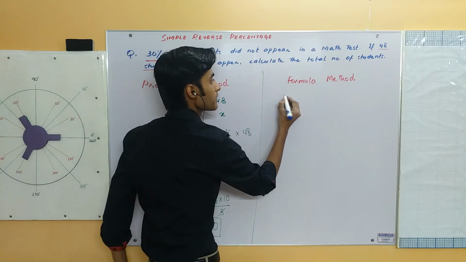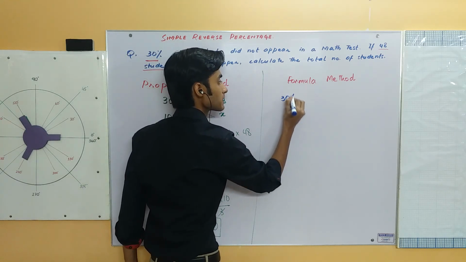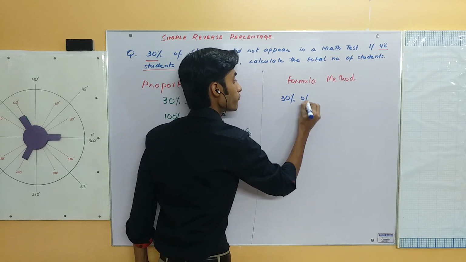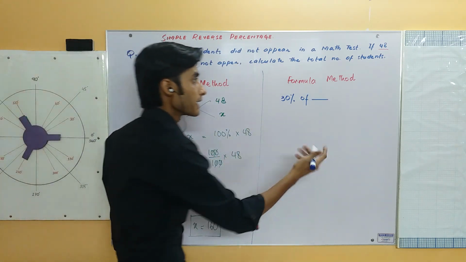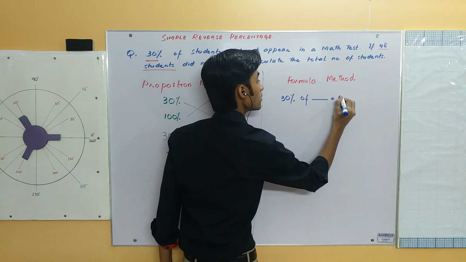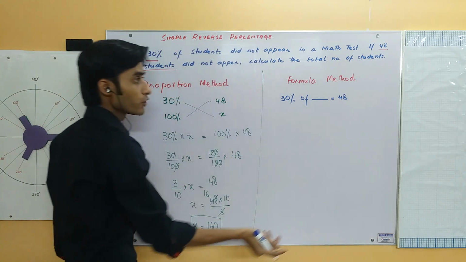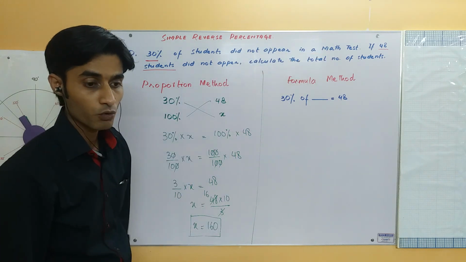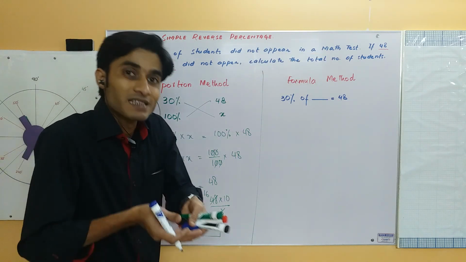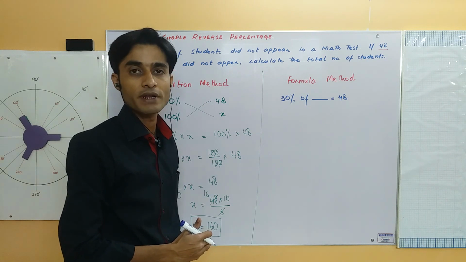So I can say 30% of an unknown value. 30% of something is how much? 48. Like I told you earlier, in 30% there are 48 students. So 30% of something is 48 students.